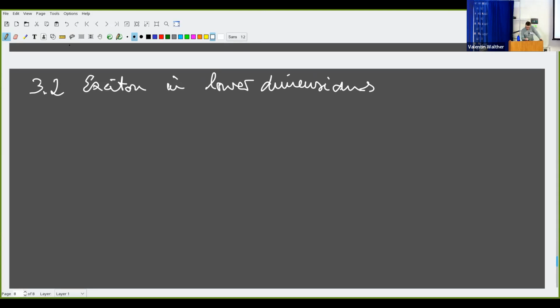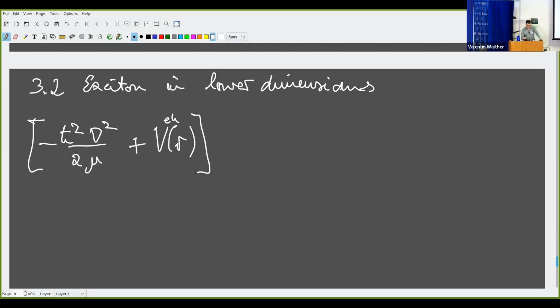Here we'll start with the Wannier equation that I showed you before. That's the kinetic energy of the relative part. Then there's this potential, sometimes with the label EH, the electron-hole interaction. And there are many states, the Rydberg states, alpha nu of r.